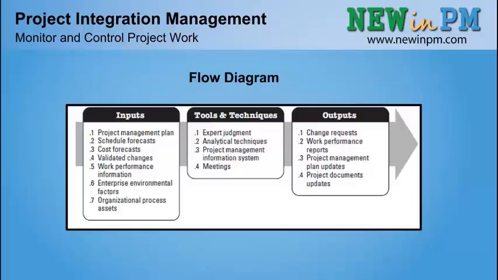This process flow diagram shows you the inputs, tools and techniques that are required in this process. We will be discussing each of these inputs, tools and techniques, and the desired outputs of this process.